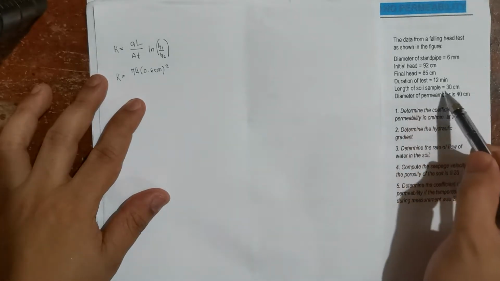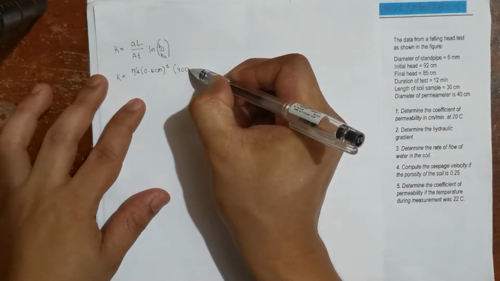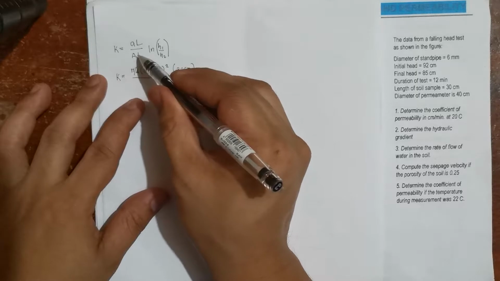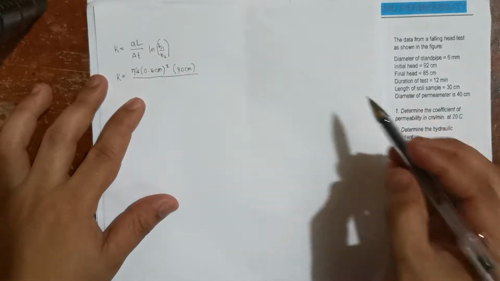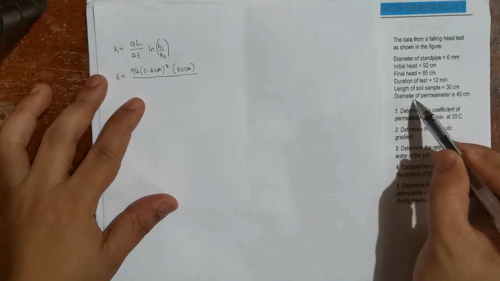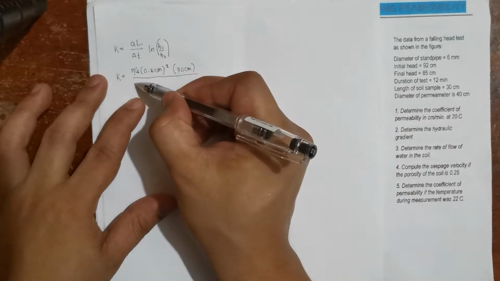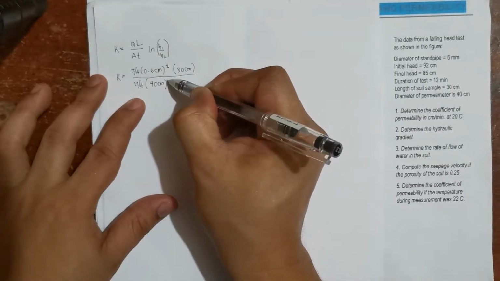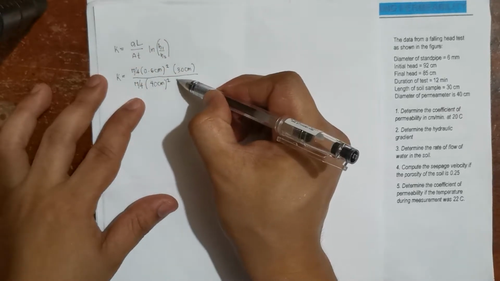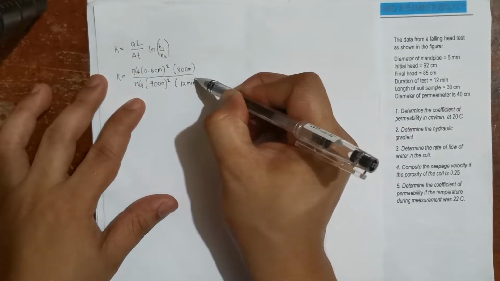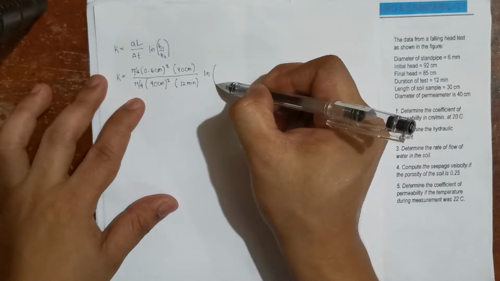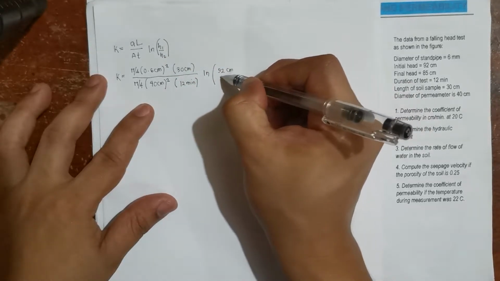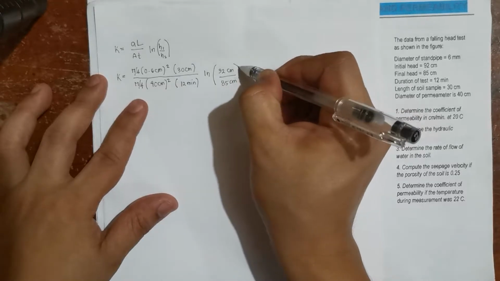So, substituting area of circle, pi over 4 times the diameter, 0.6 centimeter quantity squared, multiplied by L, the length of the specimen, given in the problem, 30 cm, over A, the cross-sectional area of the specimen used. We have the diameter of the specimen, 40 cm, therefore circular area, also pi over 4, 40 cm quantity squared. The duration of the test, 12 minutes, multiplied by the ln of the quantity, initial head difference, 92 cm over 85 centimeters.